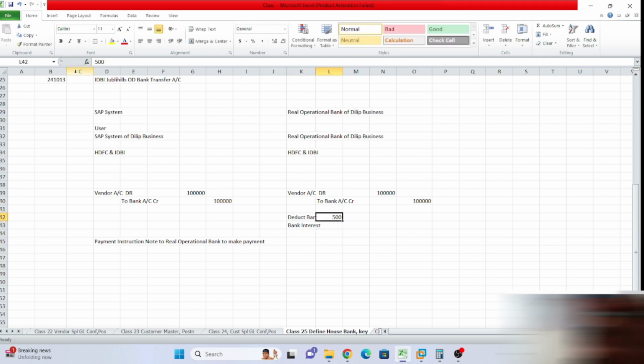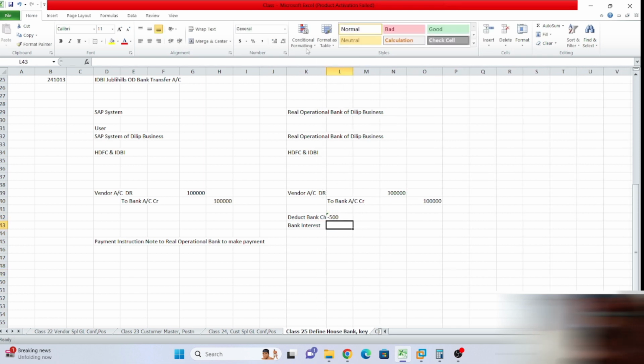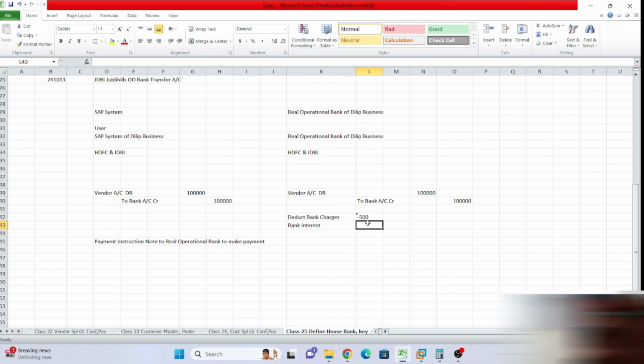So the charges will be minus, and this bank interest is a positive amount. So now these two things have happened.